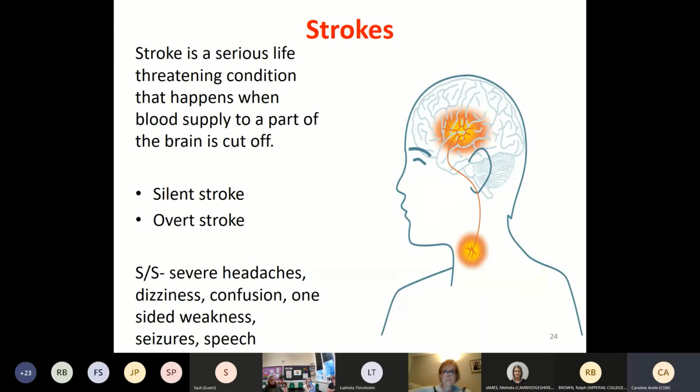Strokes is another common condition of sickle cell disease, and it happens in two ways. There's what we call the silent stroke. So in this case, the stroke is happening, but we don't really know that that's what's happening. So there are no outward signs of it. It might be that a child that was previously performing quite well at school has begun to struggle at school.